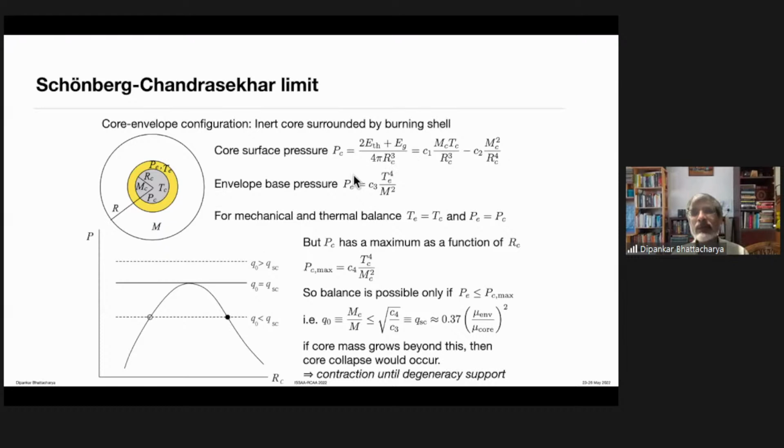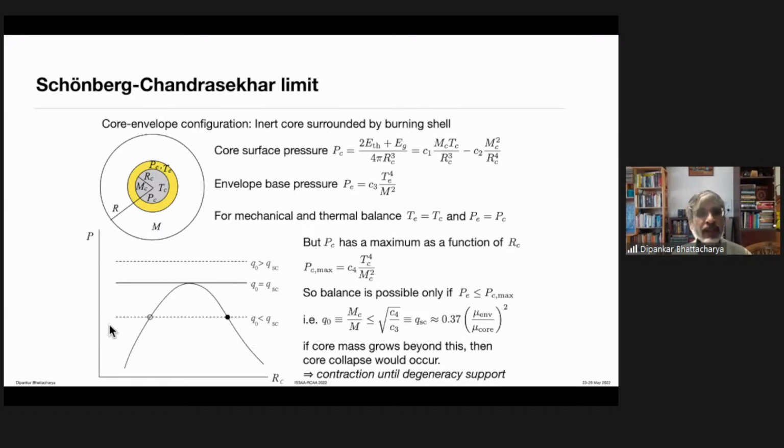And if you differentiate this and put to 0 and then find where the maximum is, you will find that the maximum can be written as some numerical constant C4 times Tc to the power of 4 divided by mc squared. So if we want to provide support and have a stable configuration, then Pc has to equal Pe, and this is only possible if Pe is less than the maximum value of Pc.